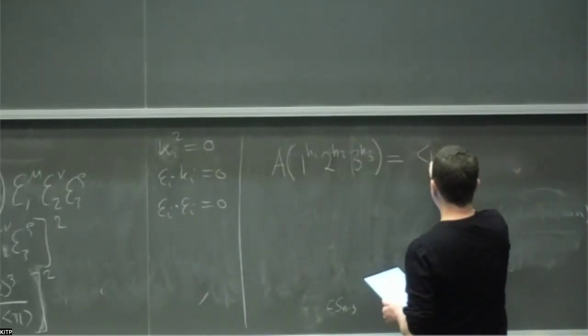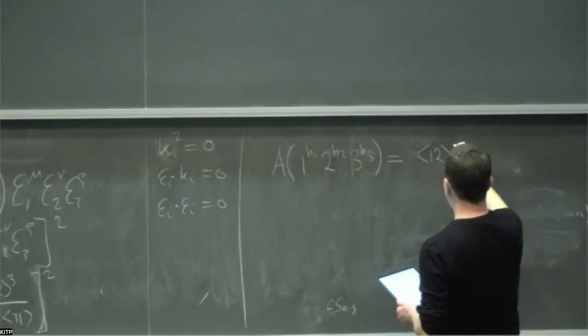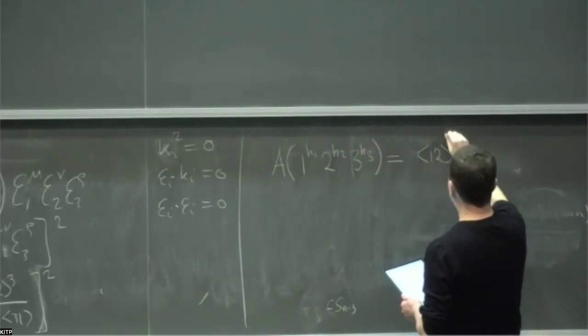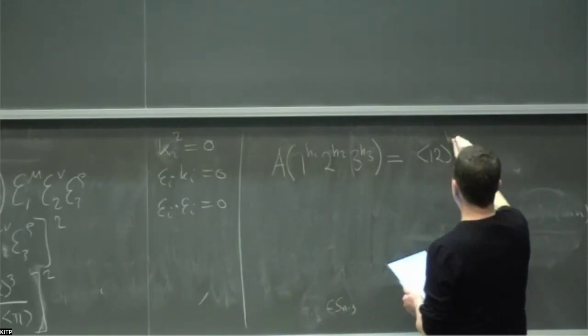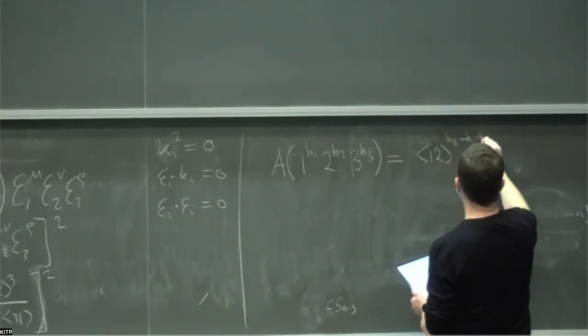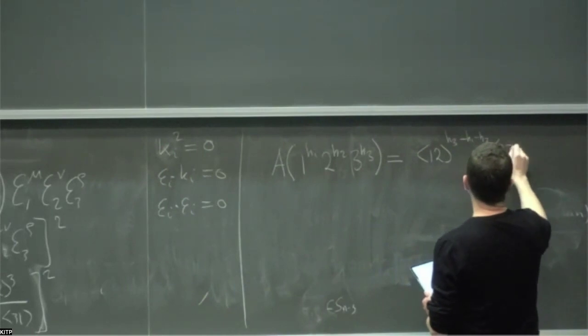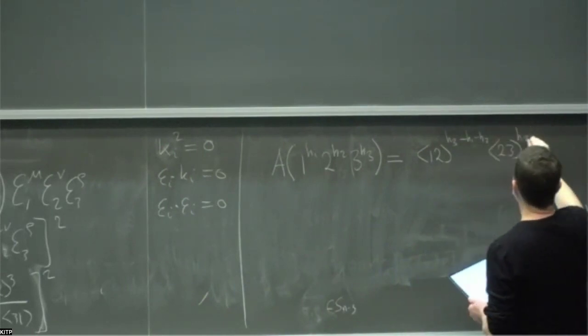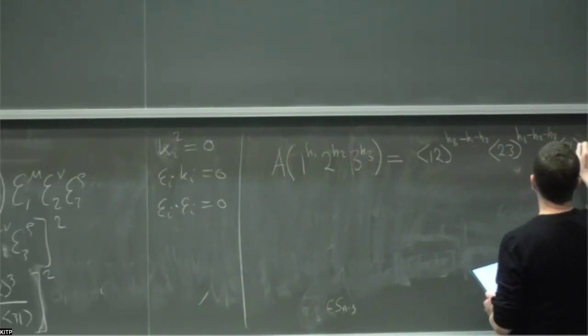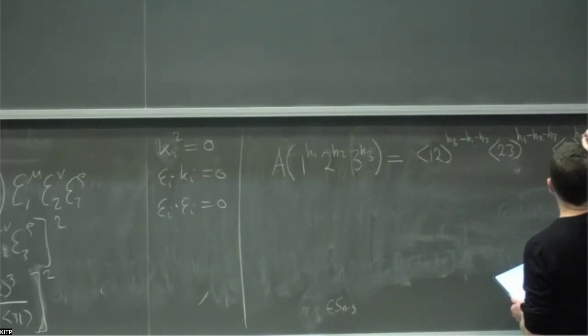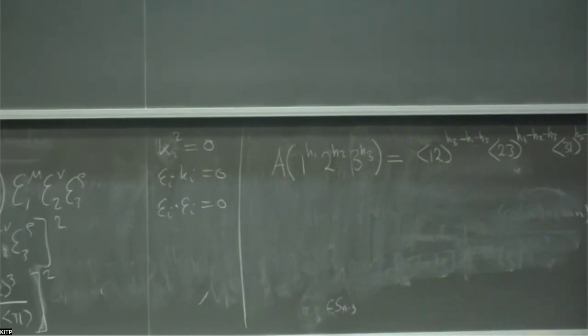It's basically just a product of these inner products of spinors, and you have to just write some powers here. So this is H3 minus H1 minus H2, 2, 3, H1 minus H2 minus H3, 3, 1, H2 minus H1 minus H3. That's the general formula for any helicity.